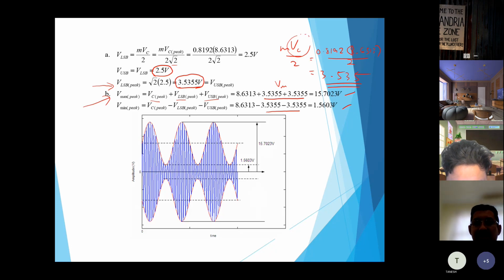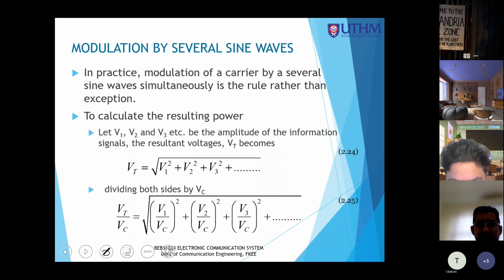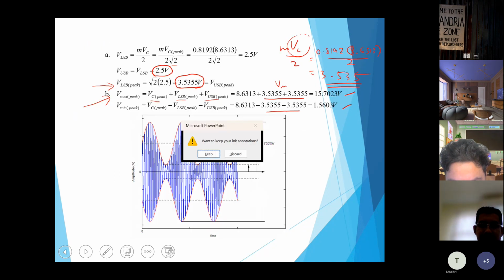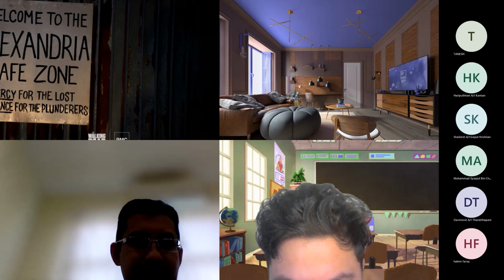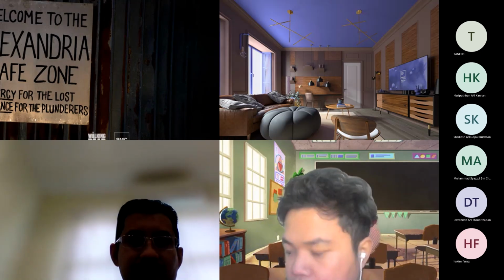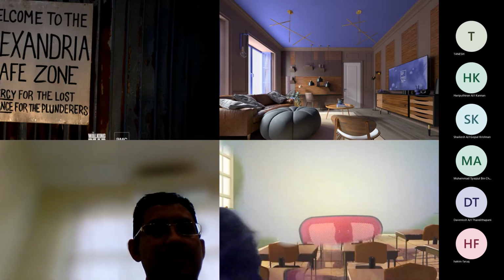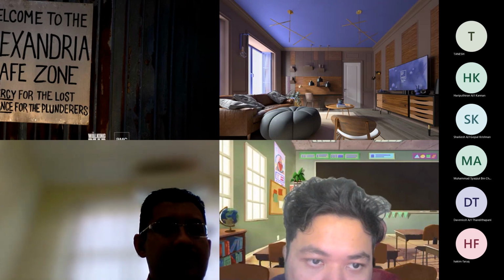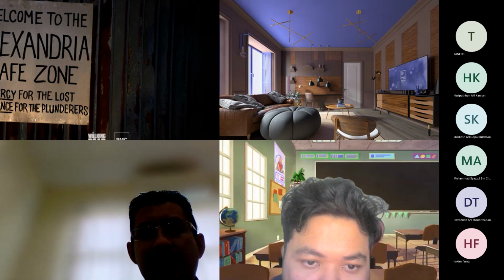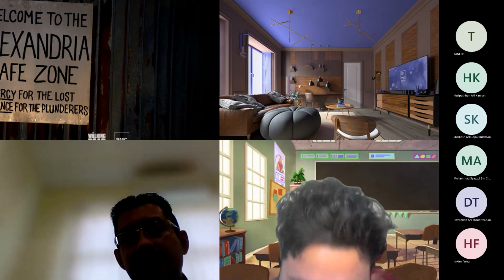So macam mana nak lukis macam saya buat tadi. Saya nak lukis kalau saya buat dekat sini. Okay, kelas, saya tunjuk lagi macam mana saya buat lah. Okay. Kalau kamu ada kaedah yang lebih mudah daripada saya, silakan.